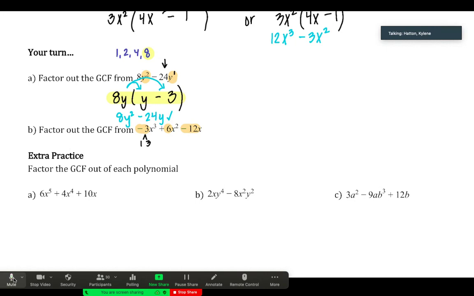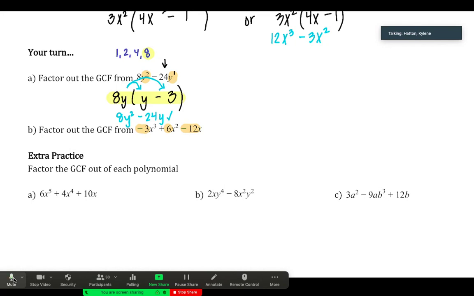So the greatest factor from 1 and 3 is 3. Is that a factor of 6? Yes, so I'll be able to pull it out of a 6 because 6 divided by 3 is 2. Is 3 also a factor of negative 12? Yeah, because negative 12 divided by 3 would be negative 4, so that works as well. So that means that my greatest common factor is 3. That's the biggest number that can divide into all of 3, 6, and 12 evenly.